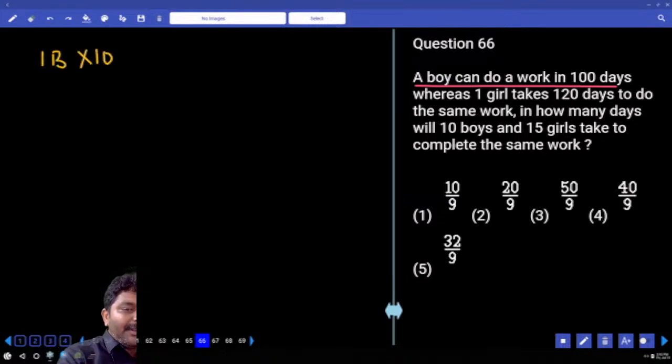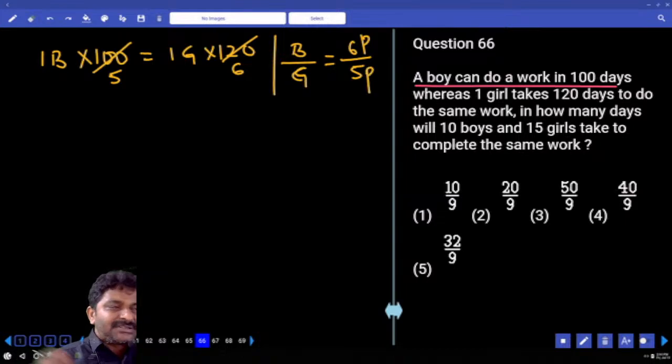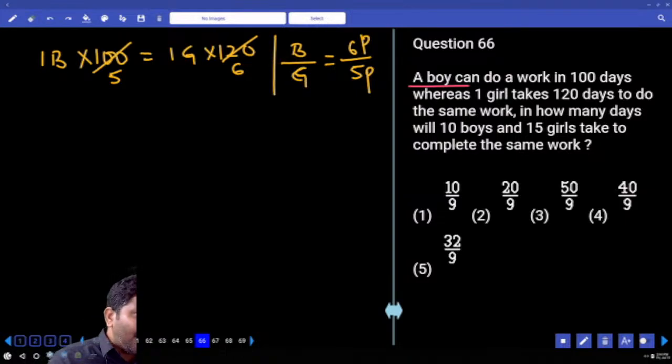One boy can do it in 100 days, one girl can do it in 120 days. Cancelling with 20, boy to girl is 6 to 5. Can I take the boy doing 6 parts and the girl doing 5 parts? How many boys are there here? 1 boy, who does 6 parts. How many days does he need? Then total work is equal to 6 parts into 100, which is 600 parts.